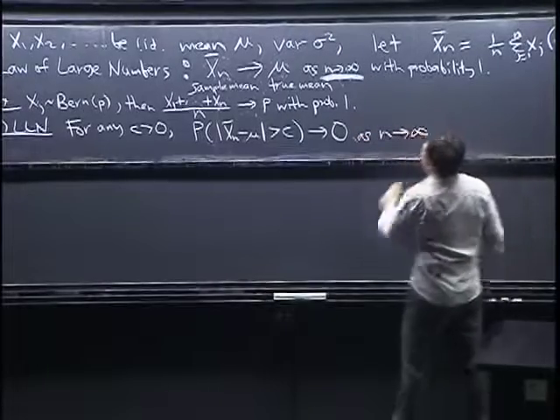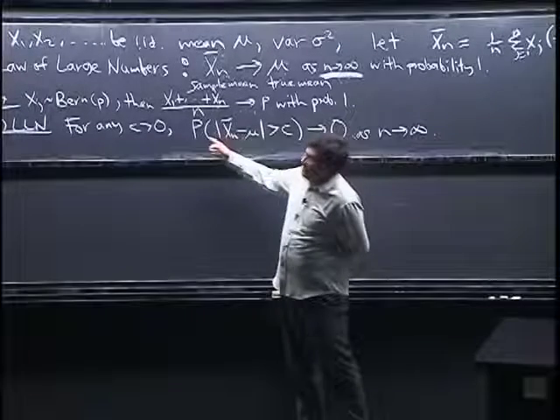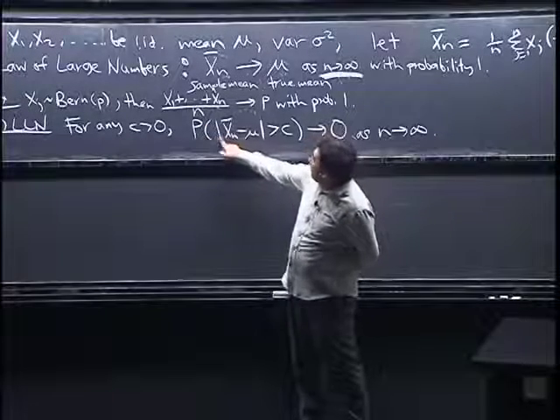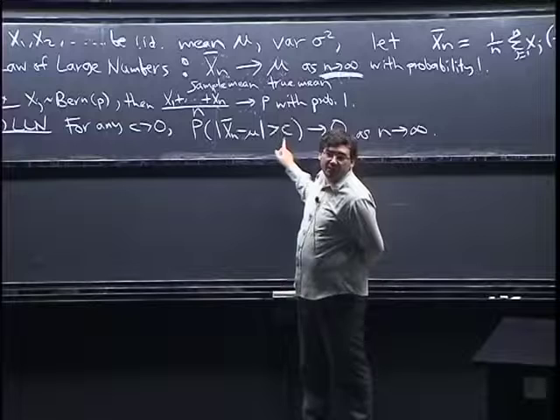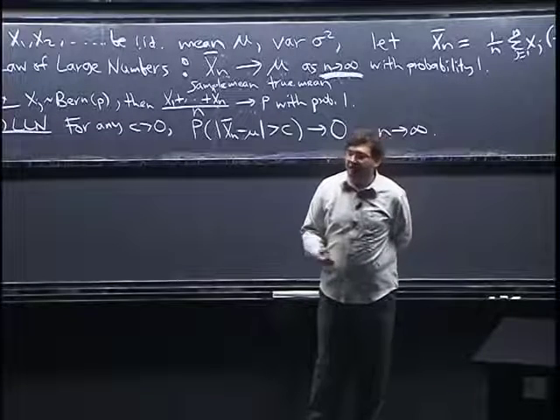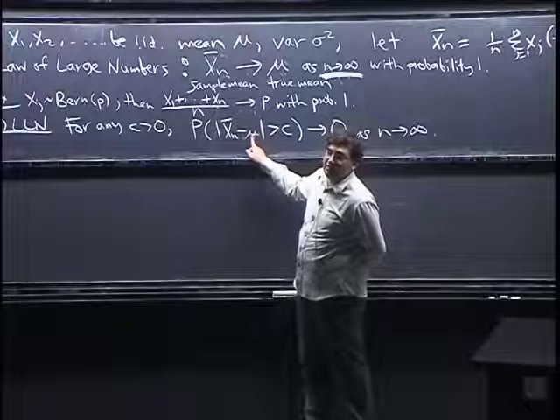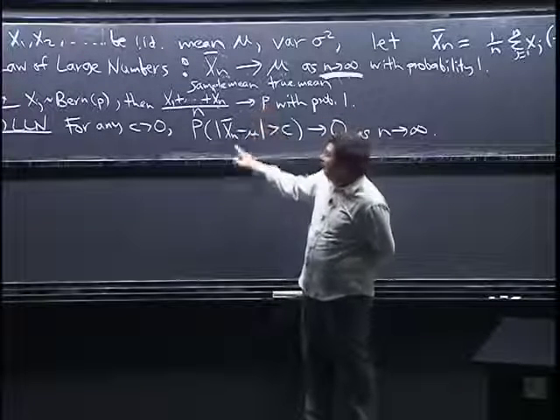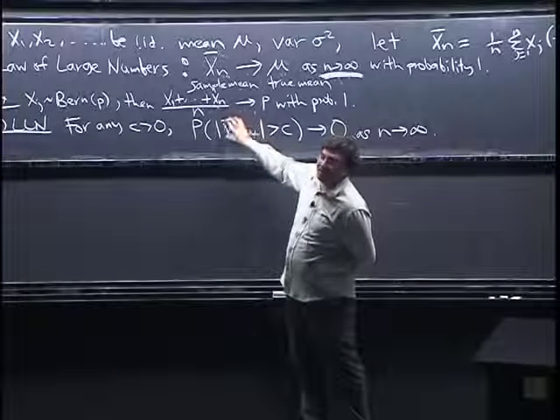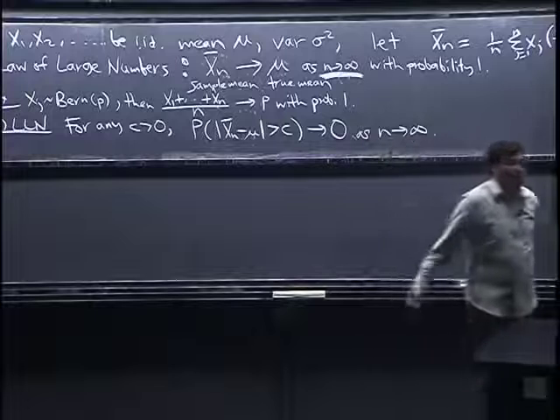So this says that if n is large enough, then it's extremely unlikely that these are more than 0.001 apart. In other words, if n is large, it's extremely likely that this is extremely close to this, right? So it's a very similar statement. N is large, it's extremely likely that the sample mean is very close to the true mean. Okay, so that's what it says.